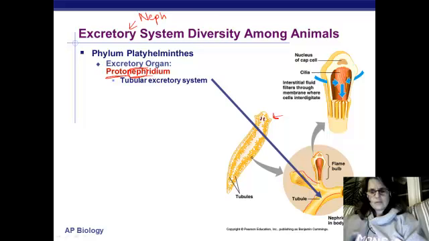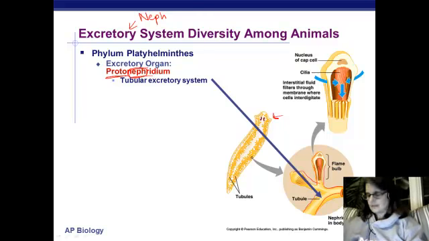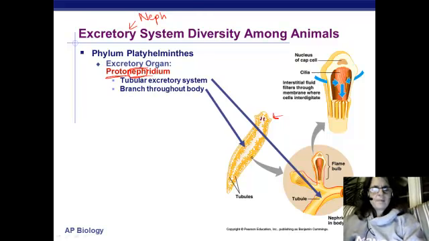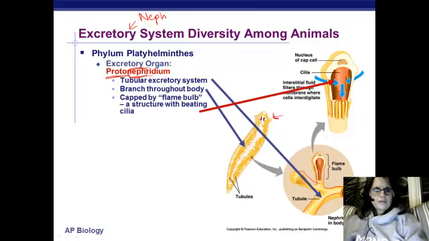Here's one, and here's one that's been cut open so that we can see it. And then these little tubes with the bulbs have an opening to the outside of the body, so that would lead to the outside. Now, they're branching throughout the body. The flame bulb, okay, that's one of the little bulbs down here. We're showing it in some detail.